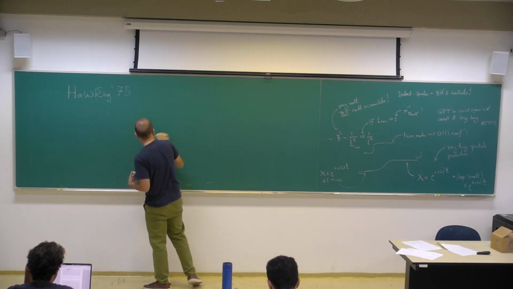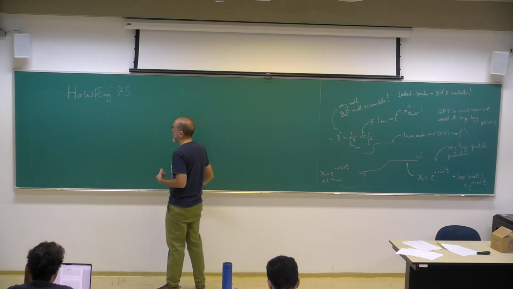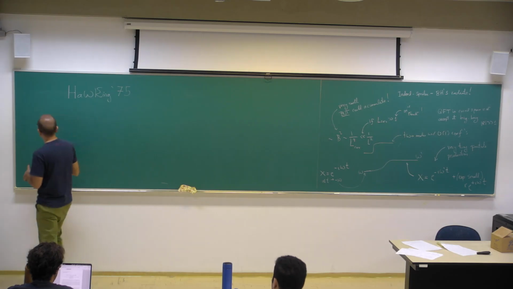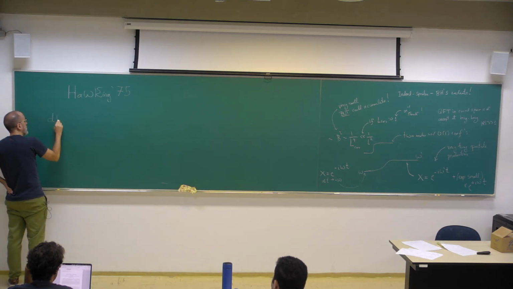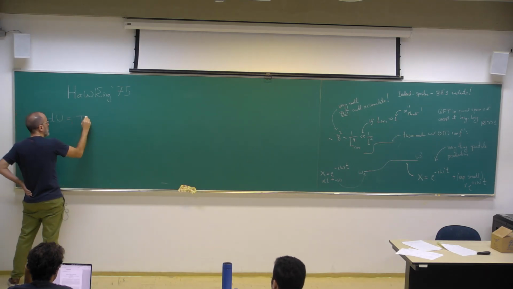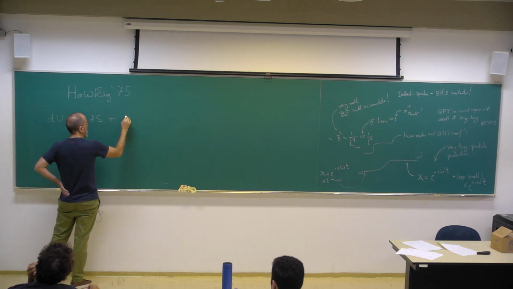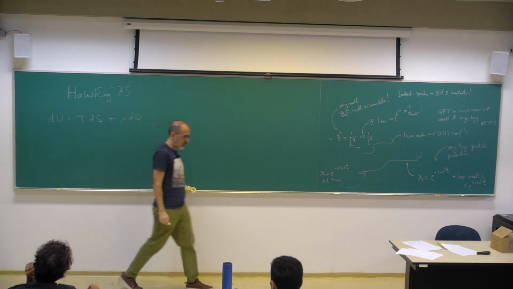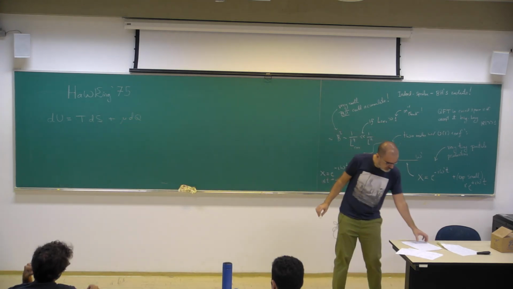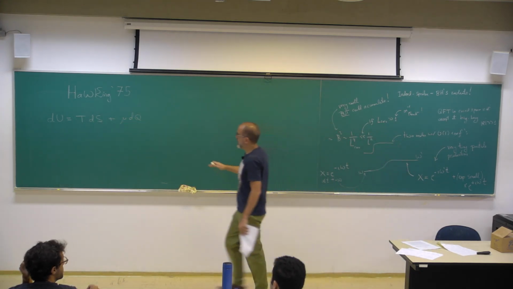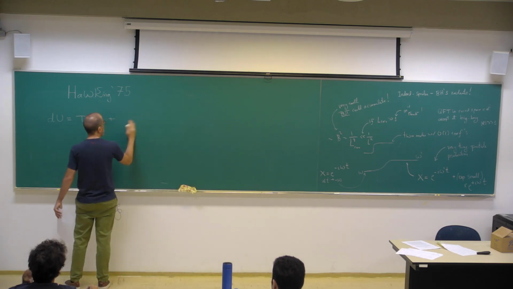So Bekenstein had noticed an analogy between the second law of thermodynamics, which is dU equals TdS plus some charge times the mechanical potential, PdV.